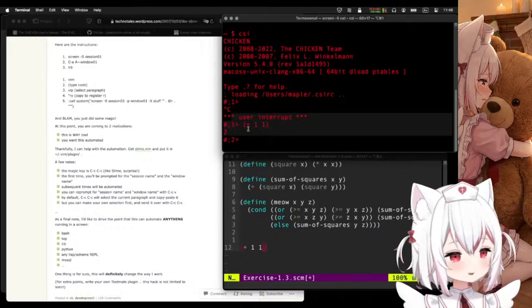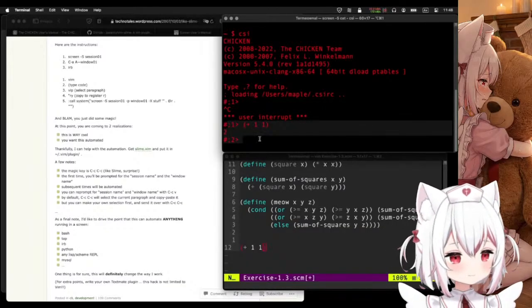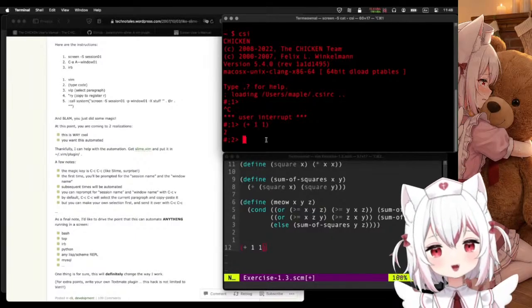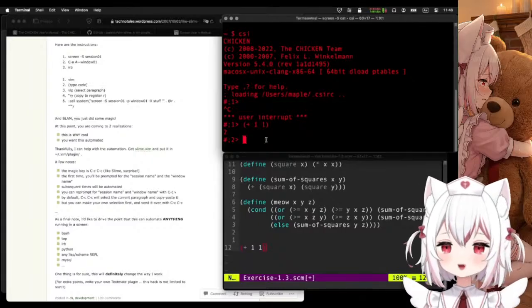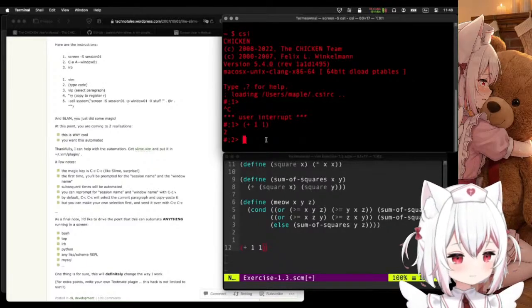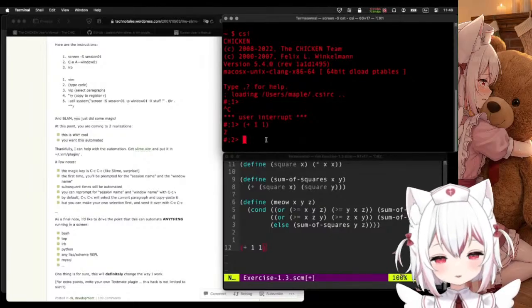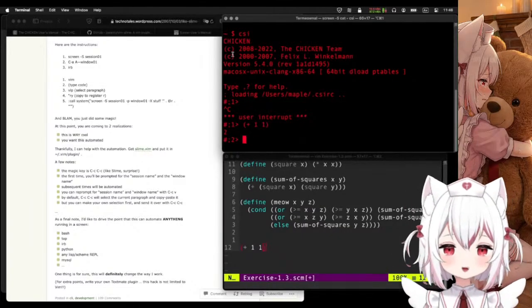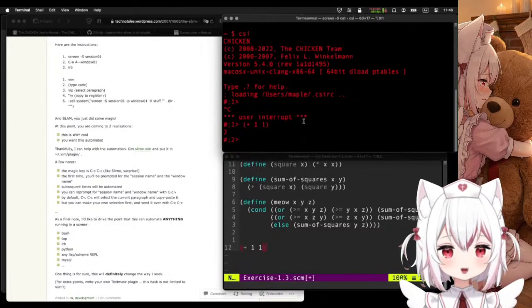Add some print statements. I forgot how to print in Lisp and Scheme. And then the other thing I did was that personally, I hate it when the window is too full when I'm doing stuff. So I wanted to clean it up.